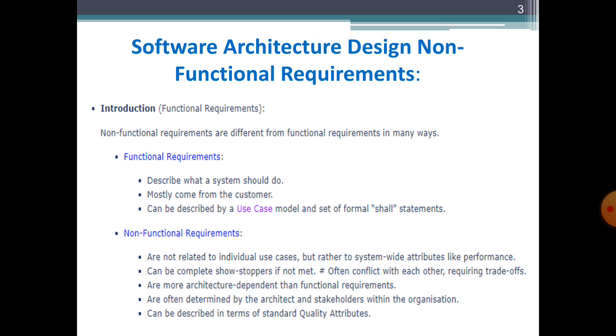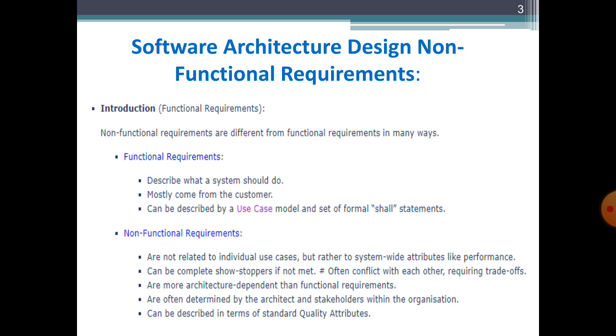Students, if you remember from our previous lecture, I told you again and again that software architecture is concerned with the quality attributes of any system, while the detailed design is concerned with the functional requirements. So architecture comes before the detailed design, and architectural design is responsible for the non-functional requirements, and the detailed design comes after the architectural design and is responsible for the functional requirements.